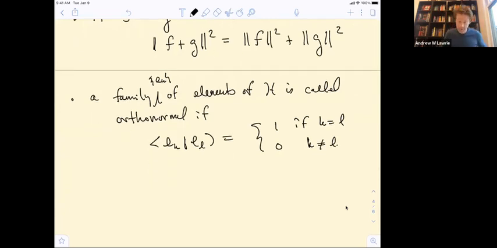So they're pairwise perpendicular to each other, and they have unit length.